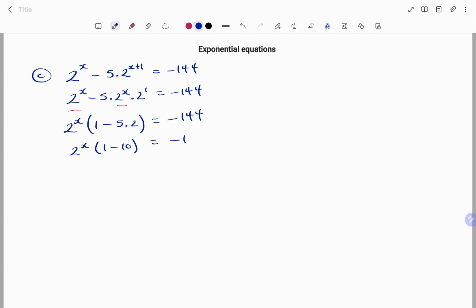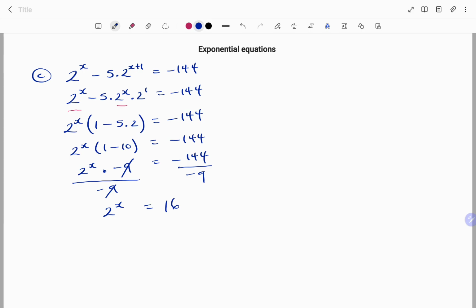I have 2 to the power of x times 1 minus 10, which is minus 9, equals minus 144. I'm going to divide both sides by minus 9. This cancels. I'm left with 2 to the power of x equals minus 144 divided by minus 9, which is 16.